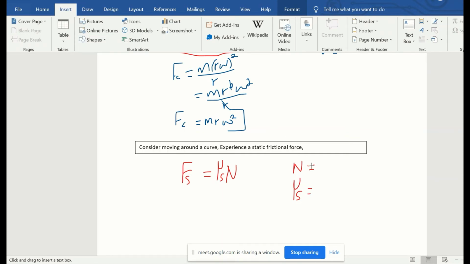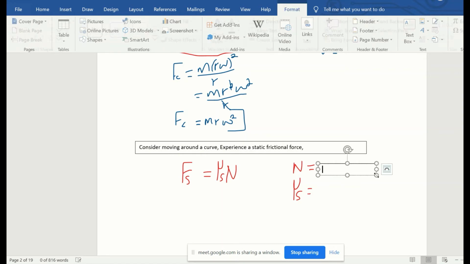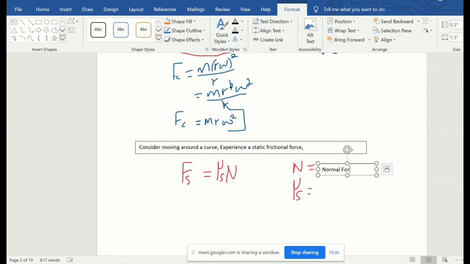This constant is called the coefficient of static friction.